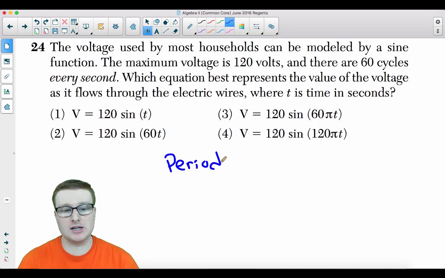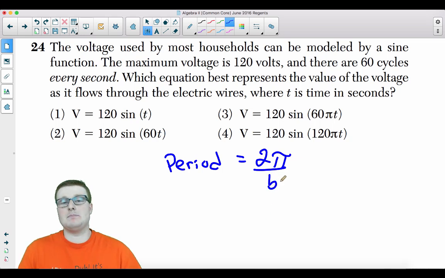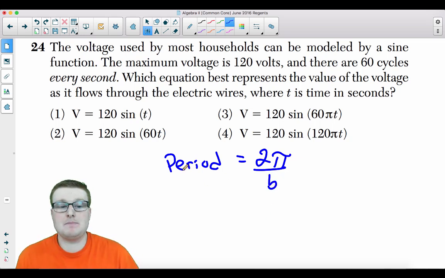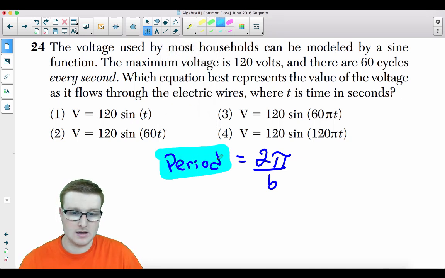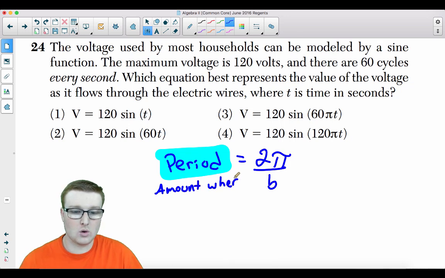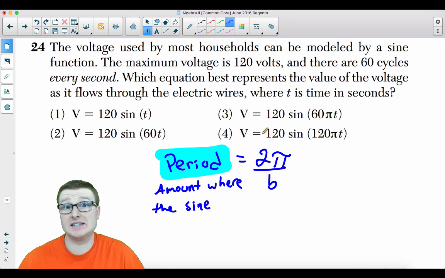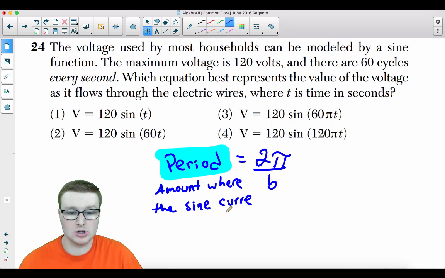Okay, a couple things that you need to know to get this question right. Your period formula is 2 pi over B, where B is your frequency. Let me tell you what period means. Period is the amount where the sine, in this case the sine curve, completes one cycle.